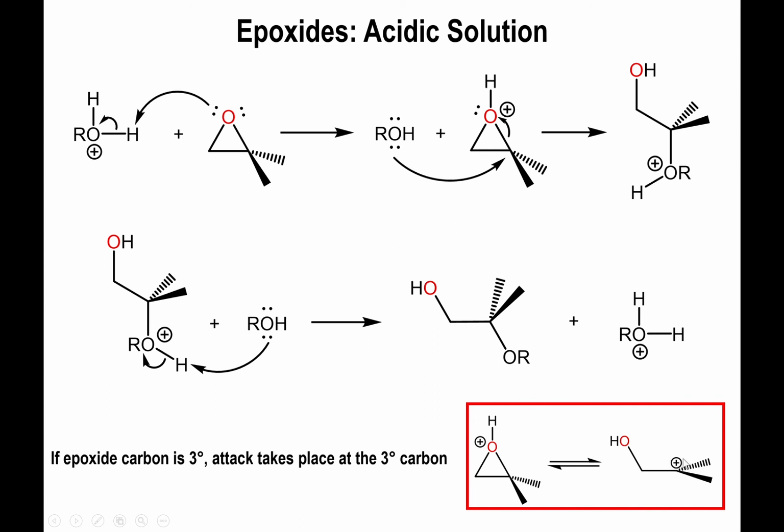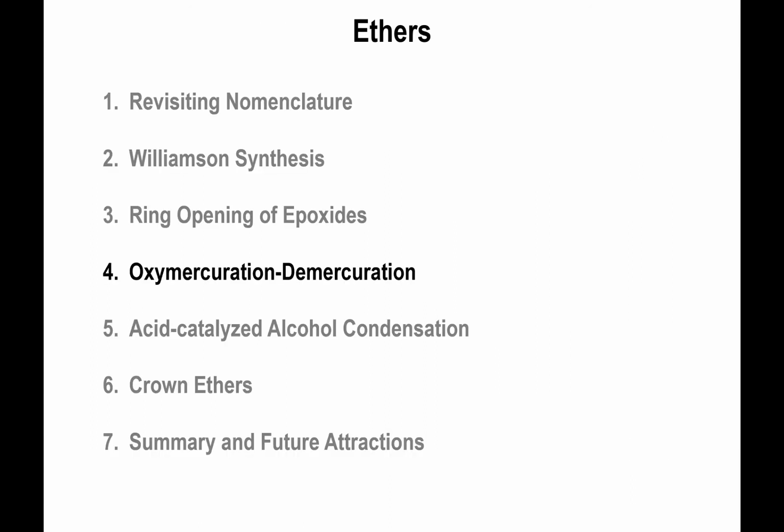And once that carbocation is made, it's now accessible to be attacked by your alcohol. And this is the reason why you end up attacking those tertiary sites. However, if the carbon in the oxirane is secondary or primary, you will expect to attack the carbon that is least substituted. Okay, so just keep that in mind. Otherwise, yeah, you get into trouble.